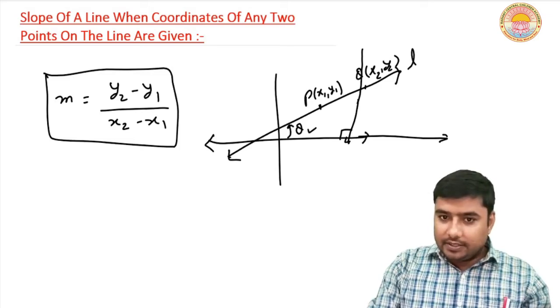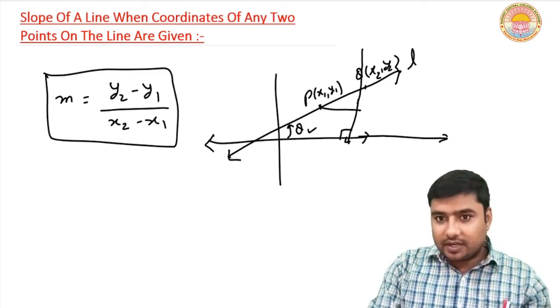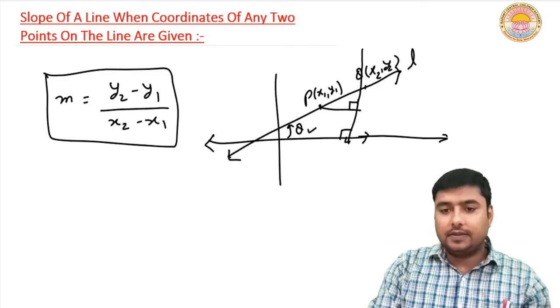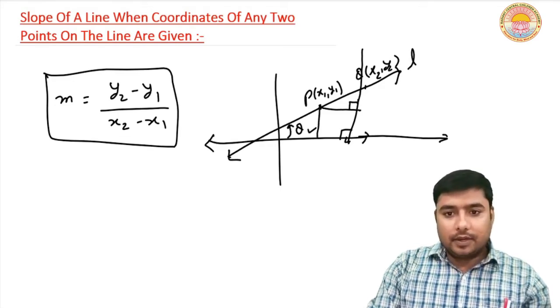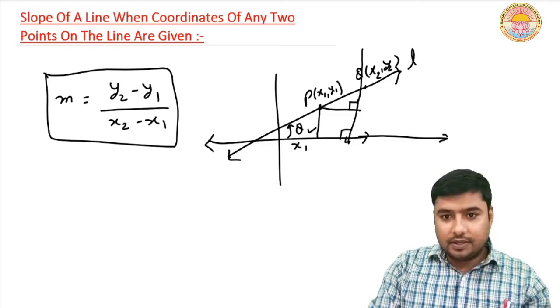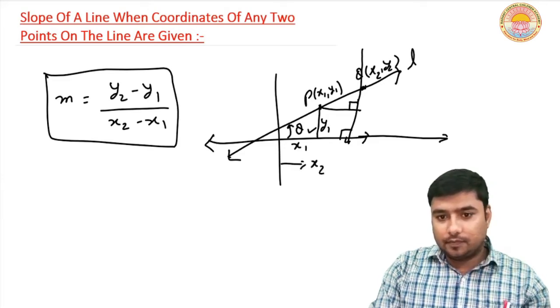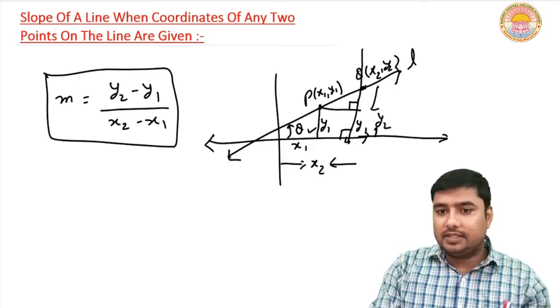We draw a perpendicular here. If this point is x1 and y1, it means this distance is x1 and this distance is y1, and this point is x2, y2. It means this distance is x2 and this distance is y2, and this distance is already y1 because this is a rectangle.